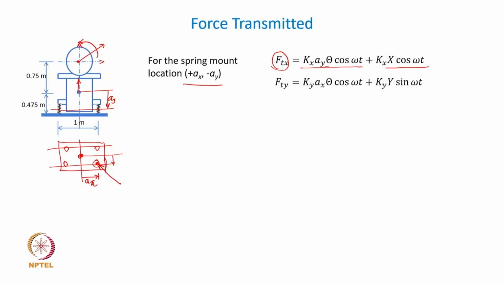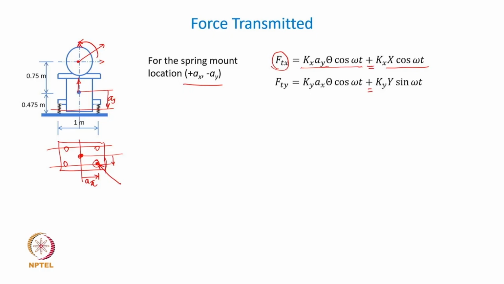Similarly, in the y direction, the y component and theta component will have to be used with cos and sin component. So, when the unbalance reaches 90 degrees up, the force along y direction and the movement along y direction will be peaking. So, these relations involving sine and cosine terms should be appropriately used, and the signs here are important and they will come from the phase relationship between the amplitudes of x and theta.